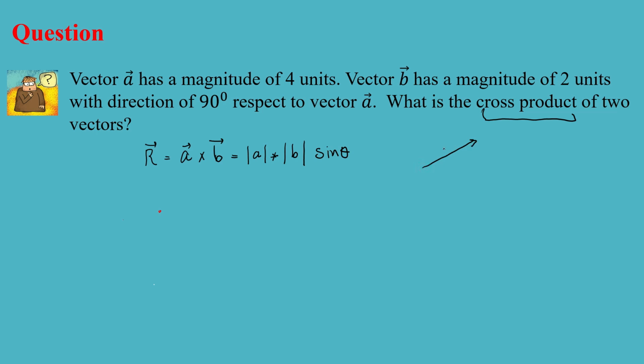For example, I have vector A right here. This is my vector B, and the angle between vector A and B is called theta.